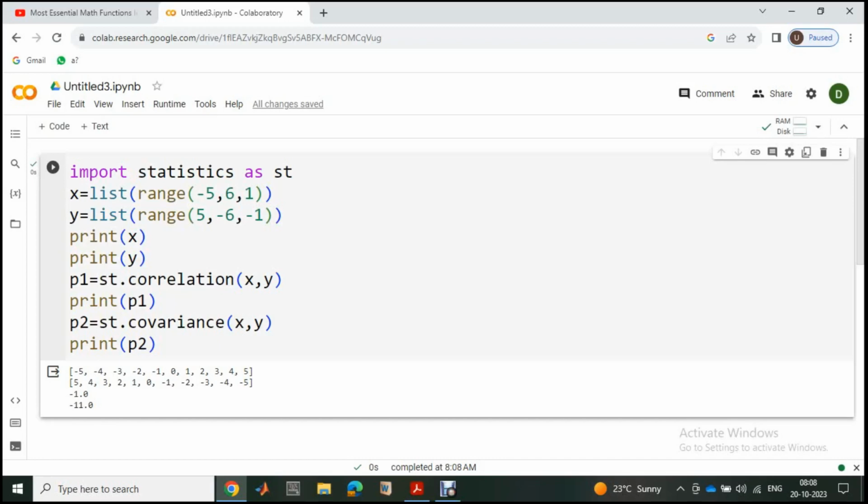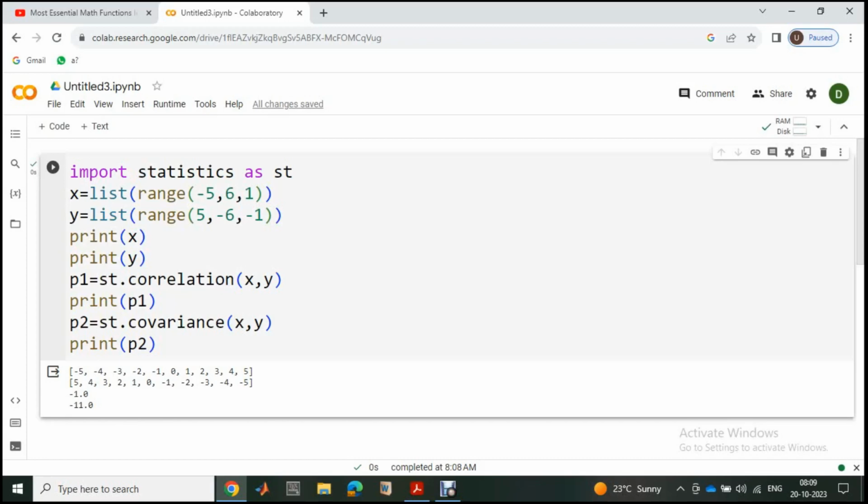This value can be -11, and if I change the values of x and y, it can become -20 also. It doesn't mean that they are strongly correlated. Whether they are correlated strongly or weakly, we cannot measure with covariance. Covariance just shows the behavior, but does not tell you the level of the relationship.